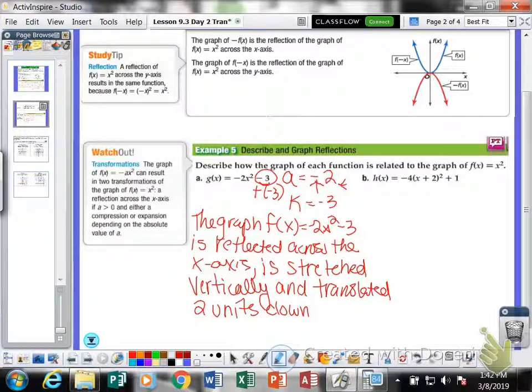And again, ladies and gentlemen, we want to make sure we're using those vocab words: reflected, stretched, translated. We want to use those vocab words.